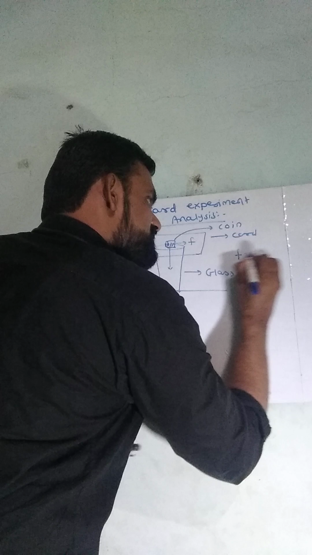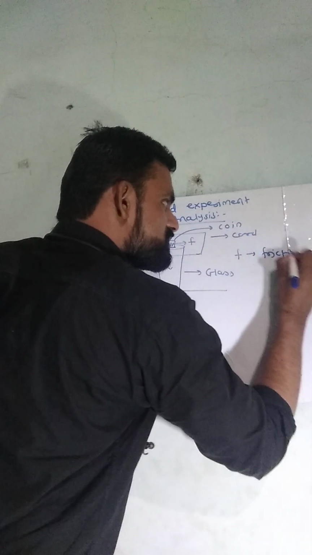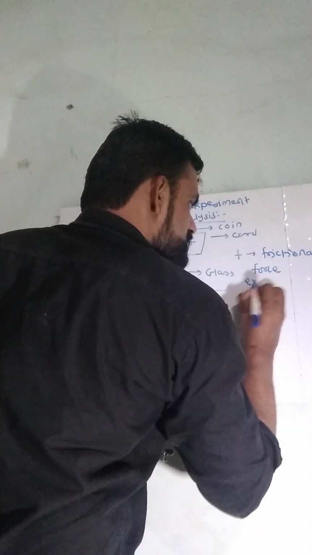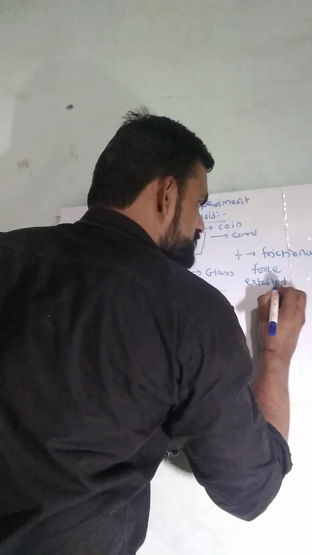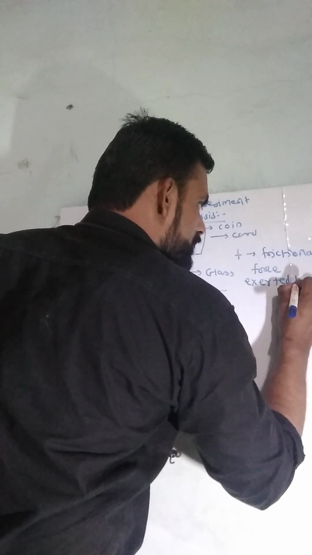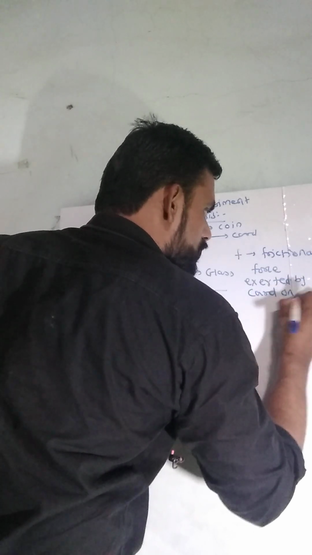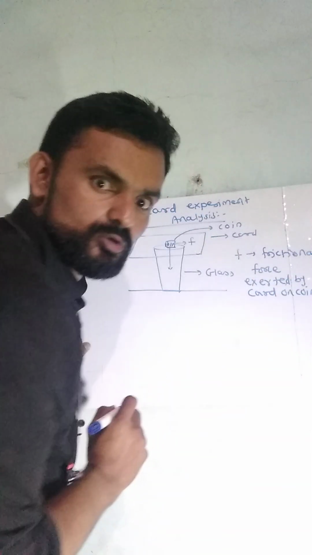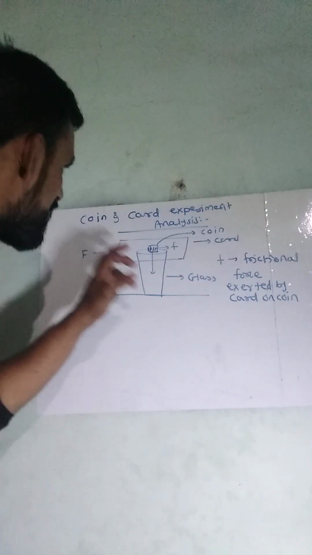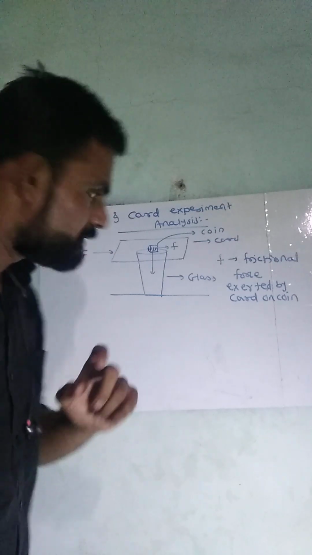So this f, small f I am writing, is a frictional force exerted by the card on the coin, right?